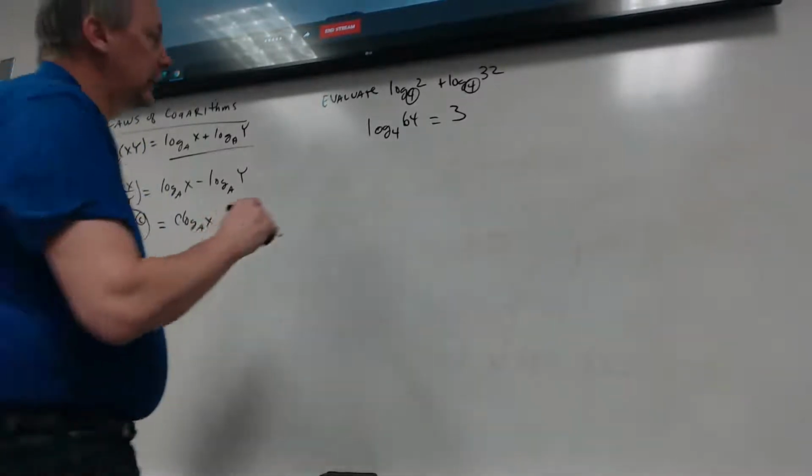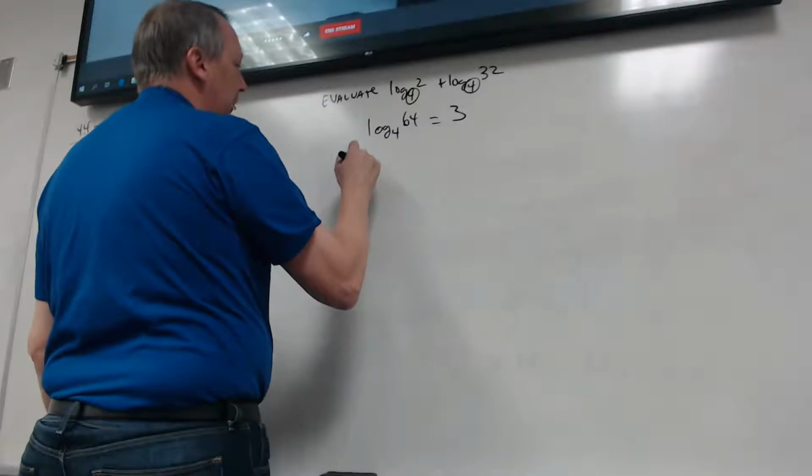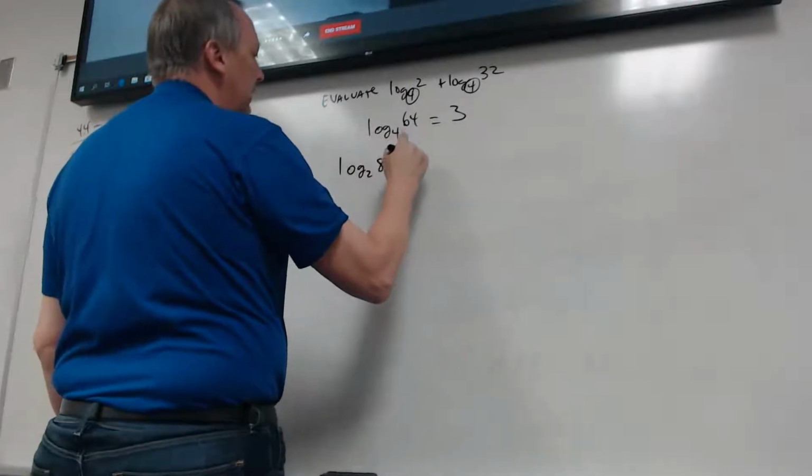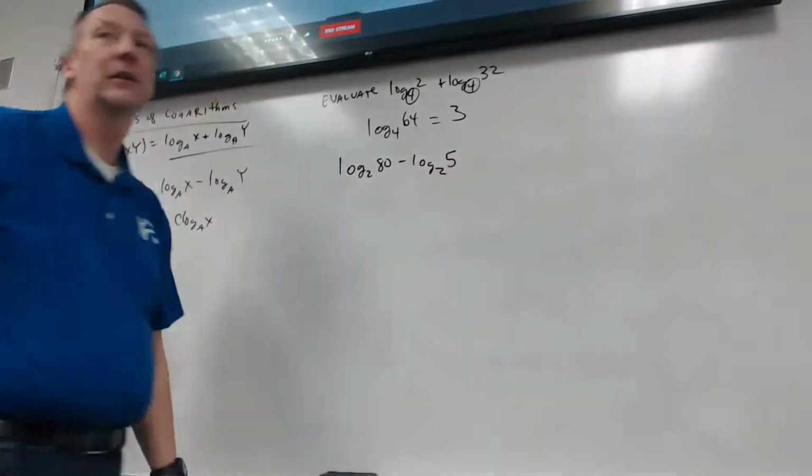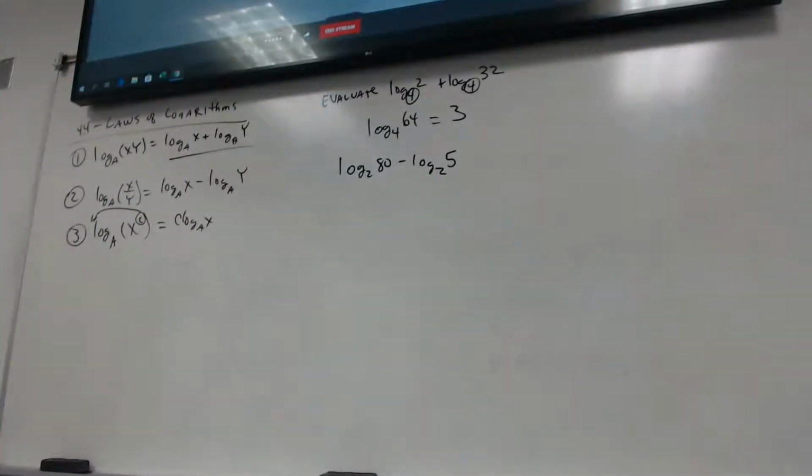How about if I did the log base 2 of 80 minus the log base 2 of 5? Which rule will work with that one? The second one, right?